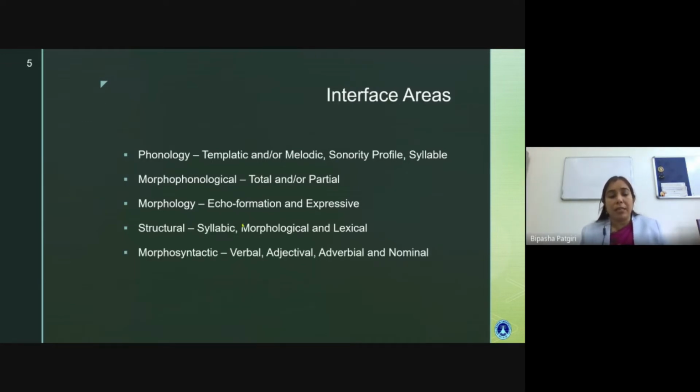Then a morphosyntactic point of view gives us information about whether there is verbal, adjectival, adverbial or nominal reduplication. Languages choose some of them, all of them, or none of them. Some languages do not have any reduplicative structure, but some have all of them.